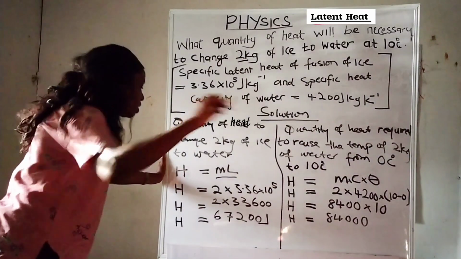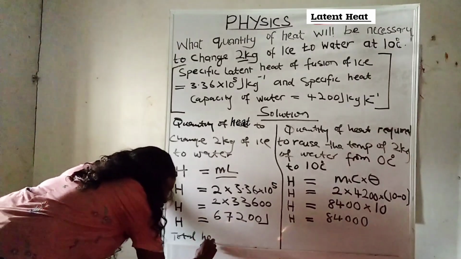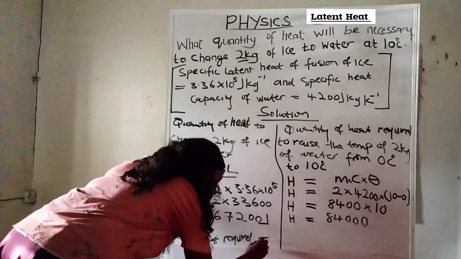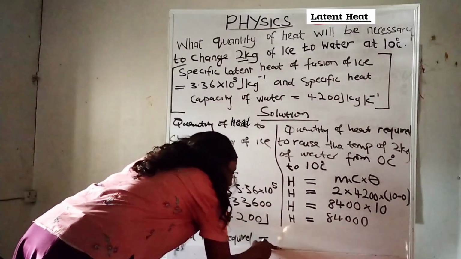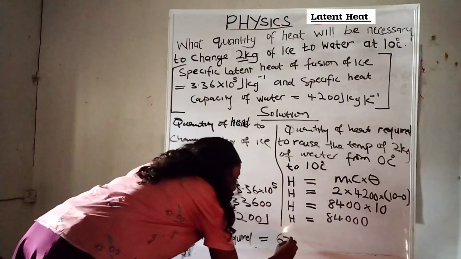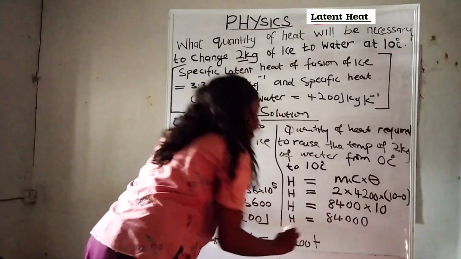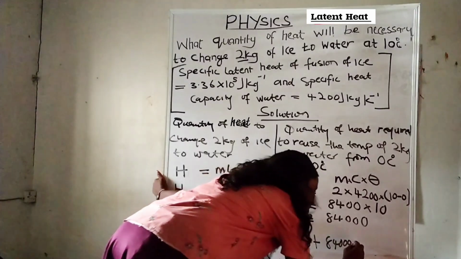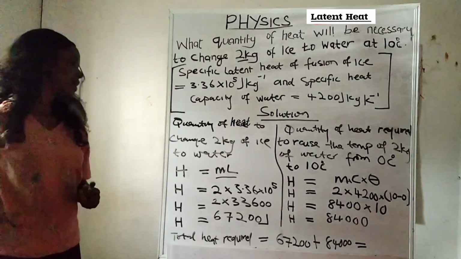Total heat required equals 67200 plus this number, 84000. Let's calculate it.